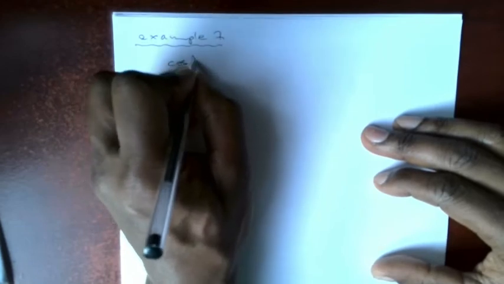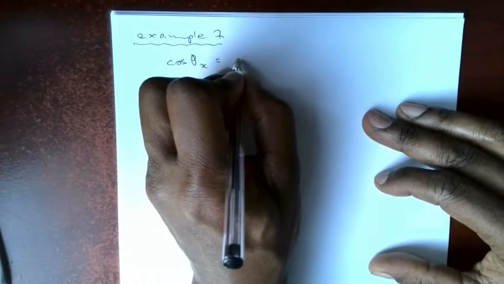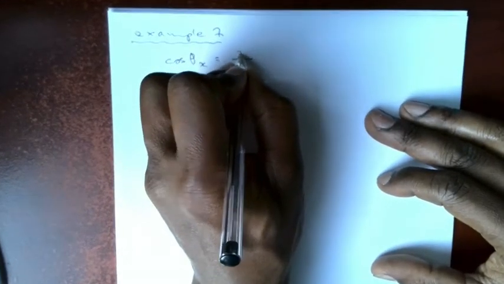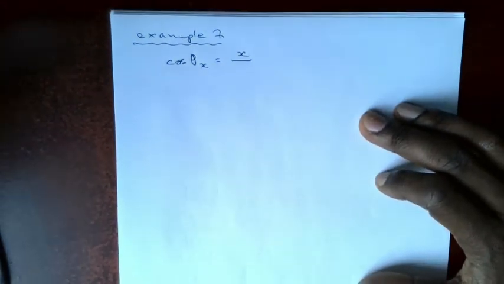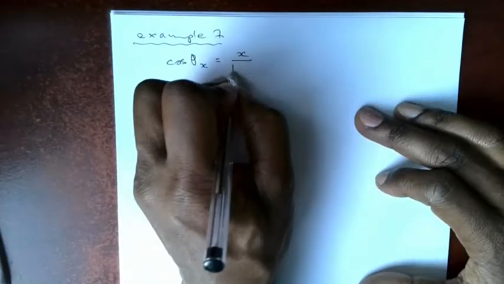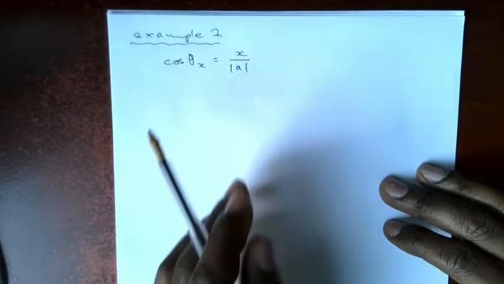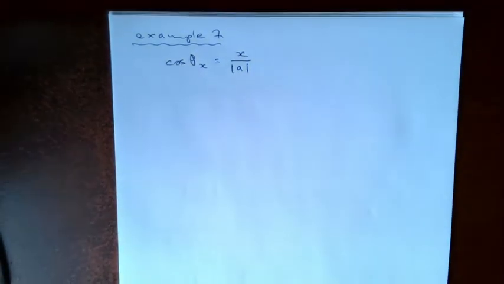Now the actual formula for this says the cosine of the angle, and little x there just means the angle between the vector and x-axis, is given by x, in other words a vector for the x-axis, divided by the vector. So if you actually want the angle, then whatever you work out this to be, you're going to have to work out the cos inverse of it.